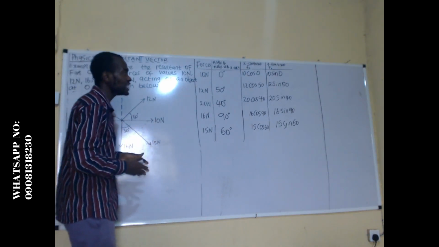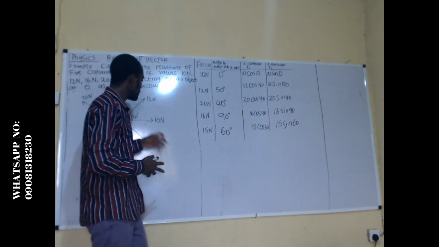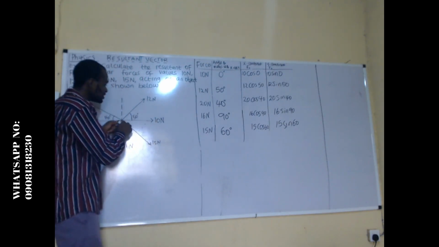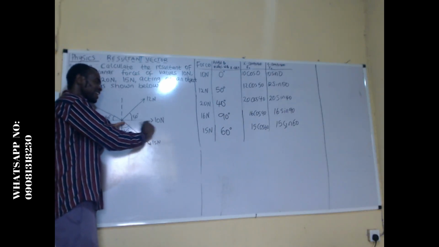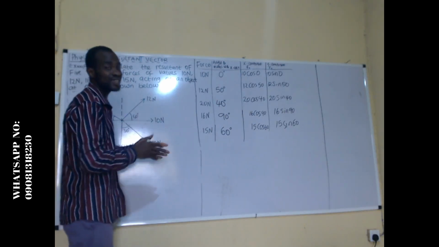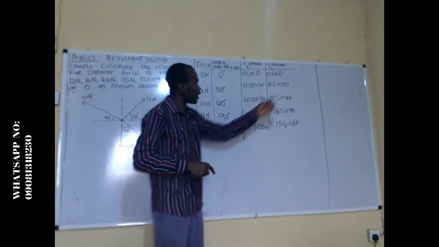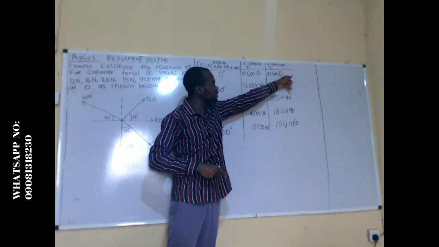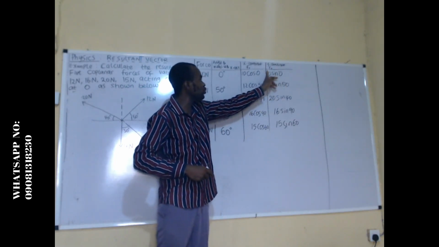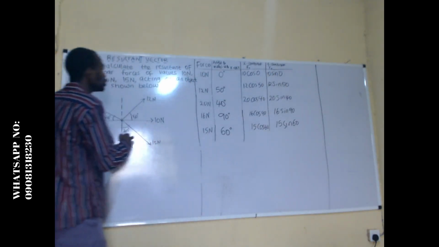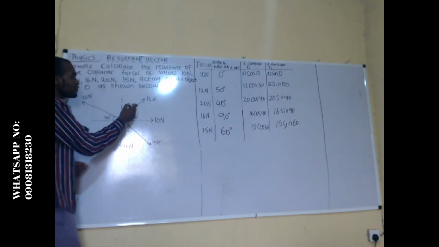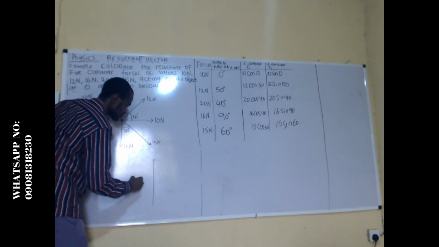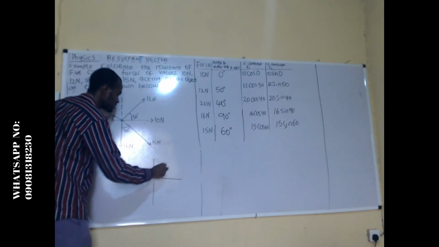You don't even know whether it is negative or positive, but because it's lying on the s-axis, its y component is 0. At the end of the day, when I give the answer, you will see that it is 0, so I'm not going to put a sign. Now let's go to the next vector. The next vector is 12.